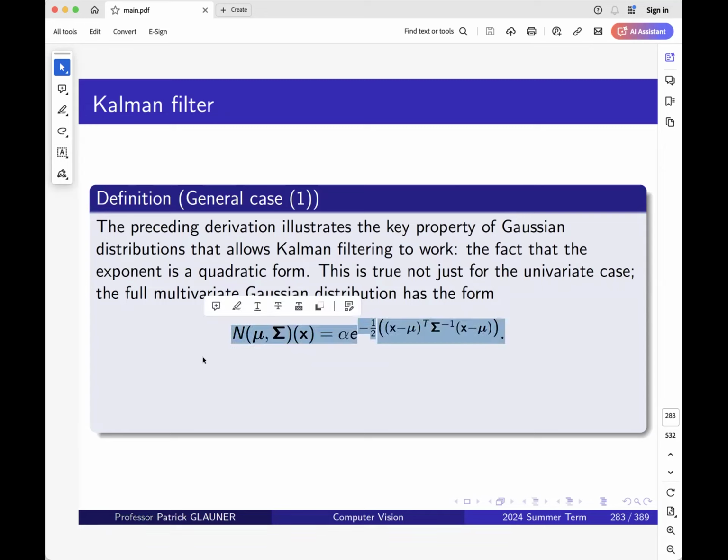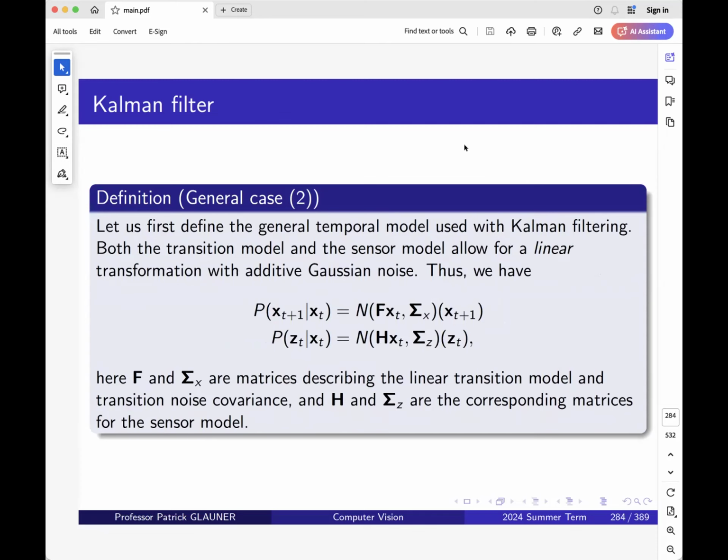What we need now is not the normal distribution in 1 dimension, but in multiple dimensions. We have discussed this before. And using this normal distribution, we can describe our transition model and our sensor model. Because, again, as before, we are using linear Gaussians, but this time in higher dimensions.